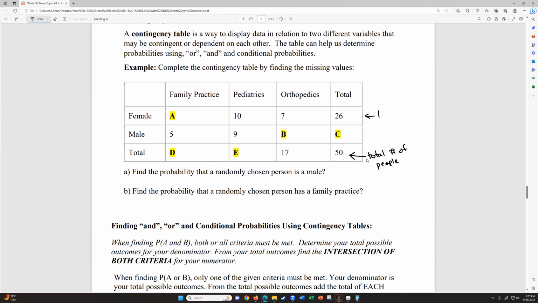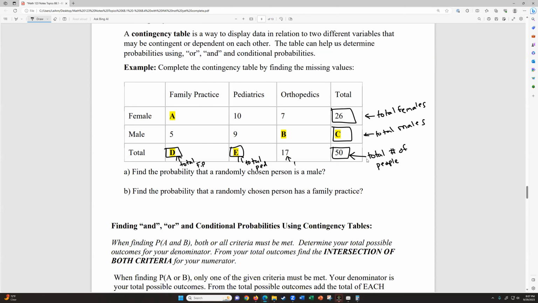This is total females, this last piece right here, which means C should be total males. So I'm just talking about these pieces when I say that, okay? This is the total family practice doctors. This is the total pediatric doctors.